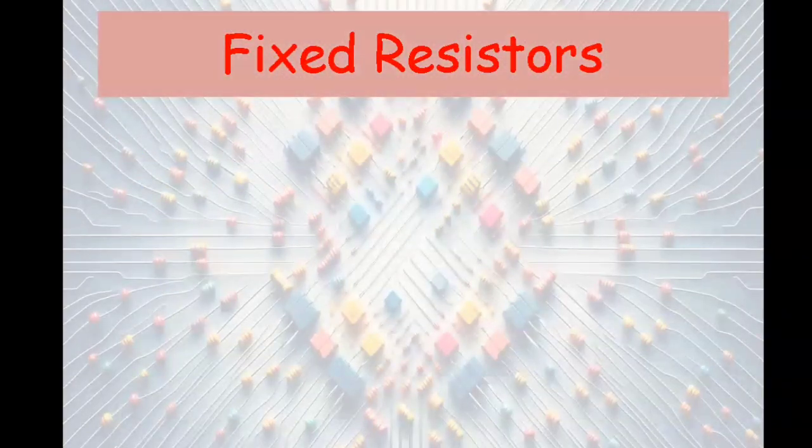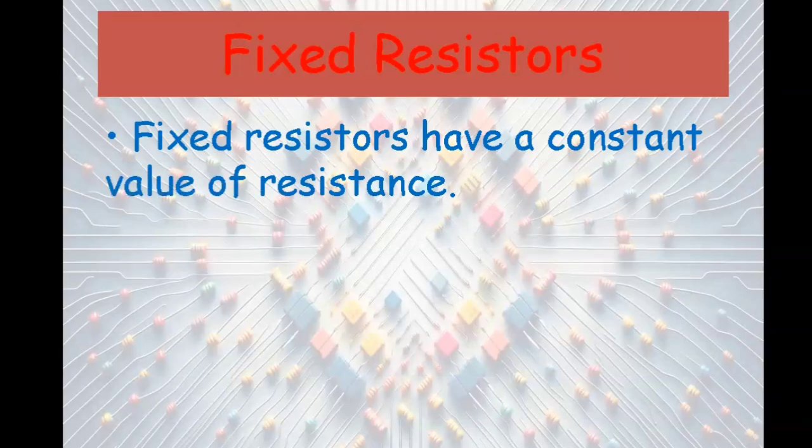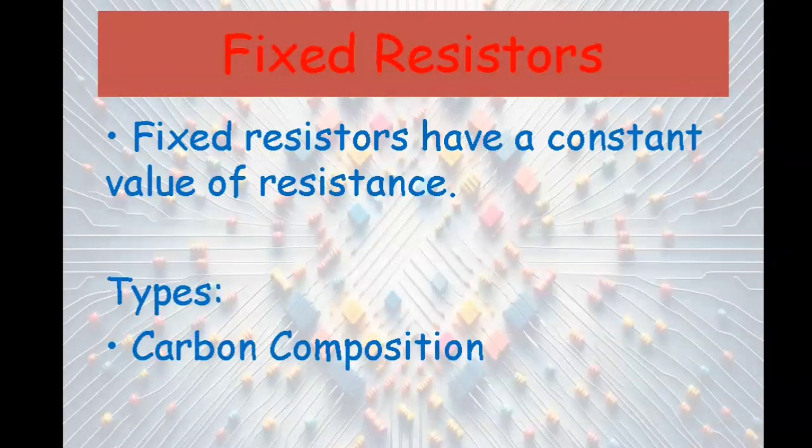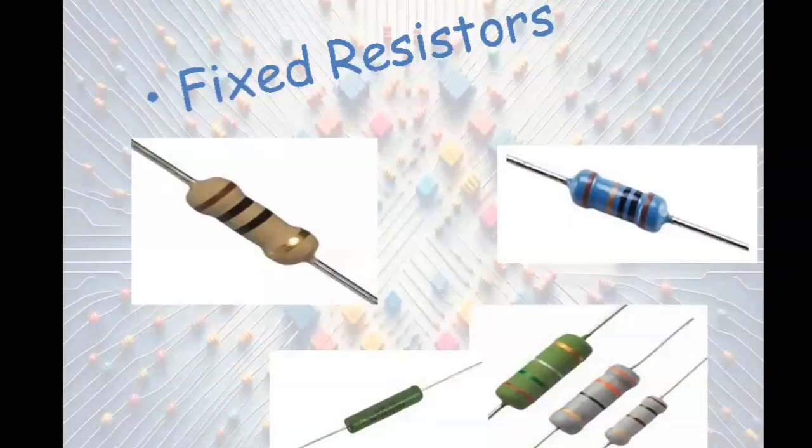First we will see fixed resistors. A fixed resistor, as its name indicates, has a fixed value and it is not going to change. There are again types: carbon composition, metal film resistor, and the wire one. How do they look?